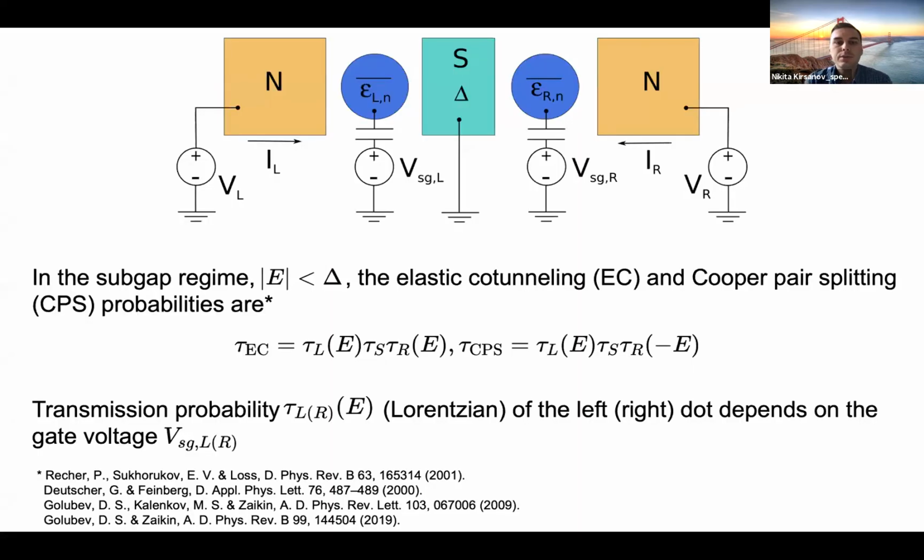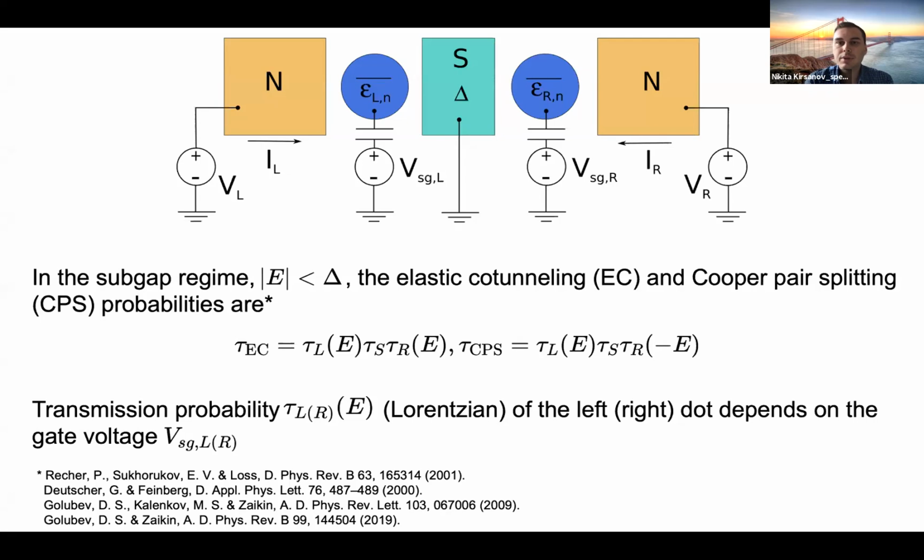It has been recently shown that in NSN structures, where N stands for normal metals and S for superconductor, there is a non-local thermoelectric effect appearing due to the effects of Cooper pair splitting and elastic tunneling. Cooper pair splitting is when a Cooper pair inside the superconductor splits into two electrons, and those two electrons are injected into the opposite normal leads.